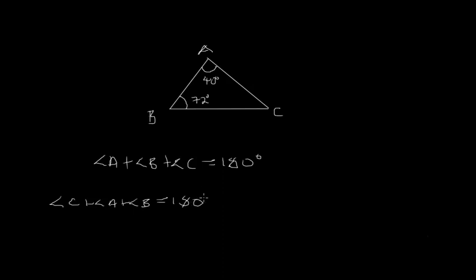But we already know what angle B and angle A are, so we'll have angle C plus what is our angle A, 40 degrees, plus what is our angle B, 72 degrees. This is equal to 180 degrees. And so you can work out what angle C is. 40 plus 72 gives you 112.